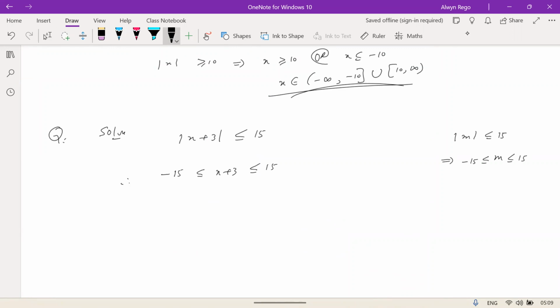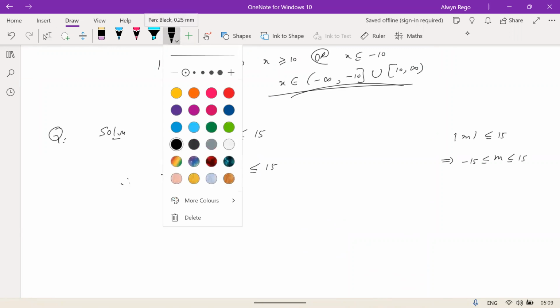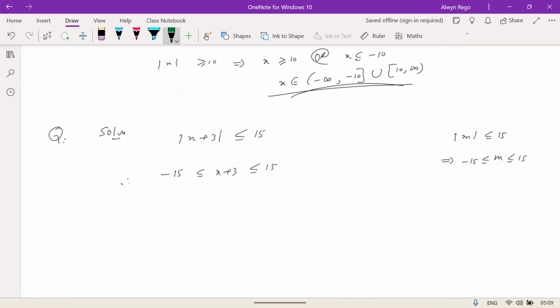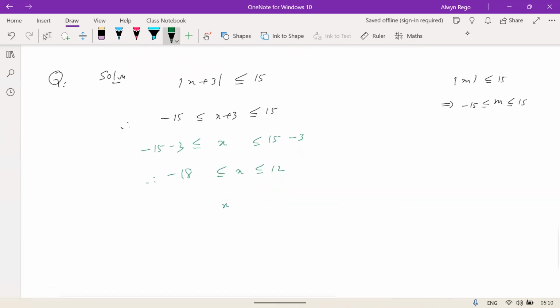From the discussions on linear inequalities, I can subtract 3, therefore you have x less than or equal to 15 minus 3, more than or equal to minus 15 minus 3, therefore minus 18 less than or equal to x less than or equal to 12, therefore x must be from negative 18 to 12.